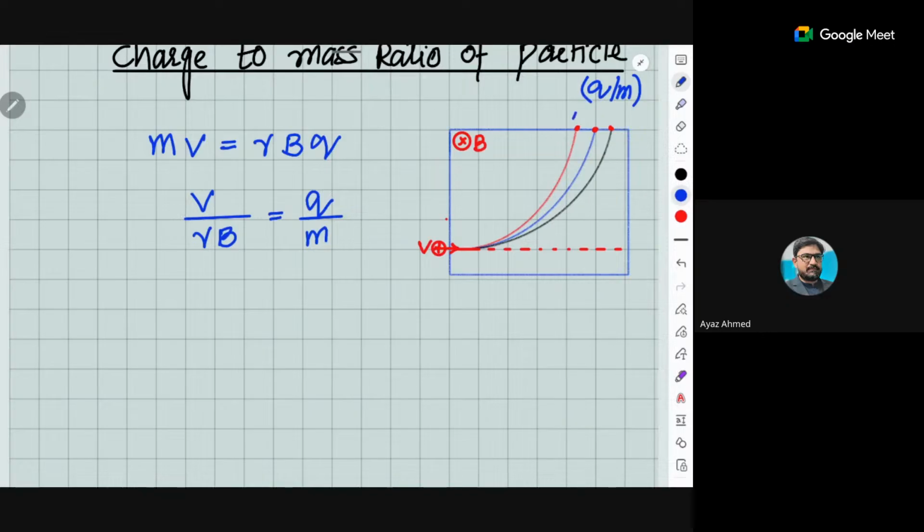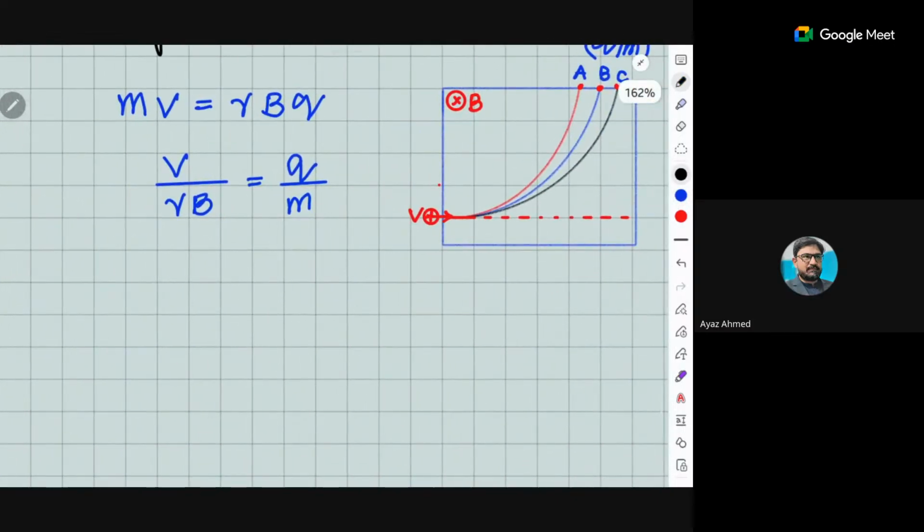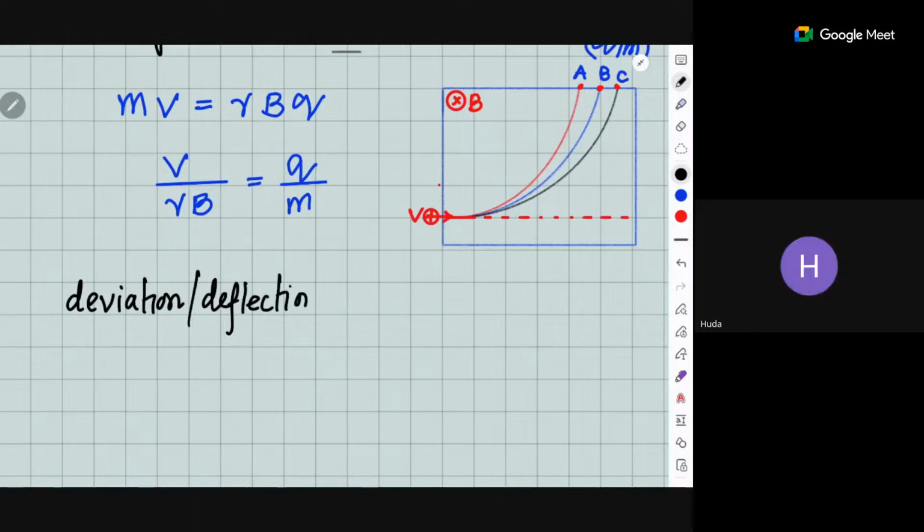So for example, let me call them A, B, and C. Which charged particle has the maximum deflection? A. Yes. Deflection is inversely proportional to the radius of the circular path.